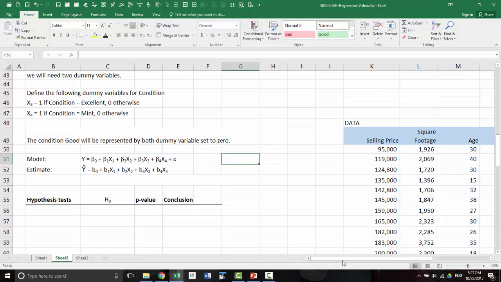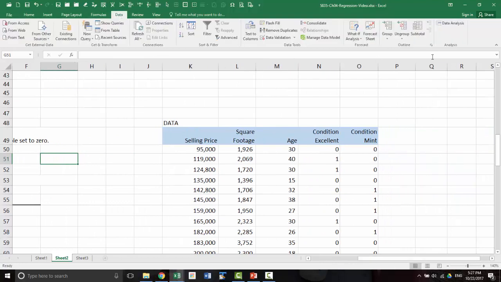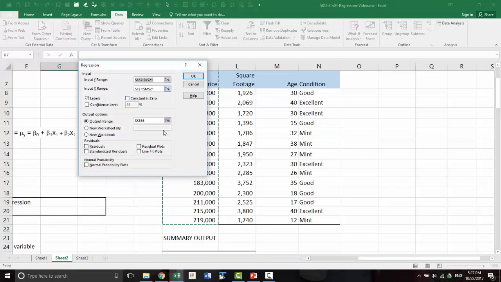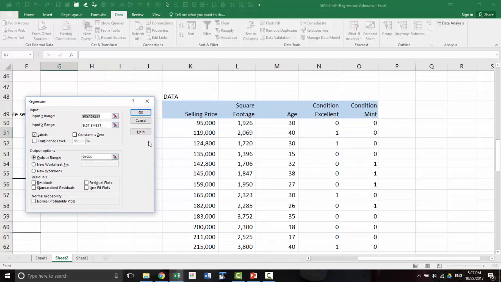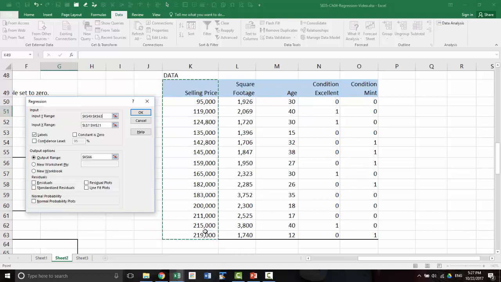All right, so now let's go ahead and run the regression analysis using data analysis, regression. Okay, so it has the previous information there, so we have to set it up again. So selling price is y.